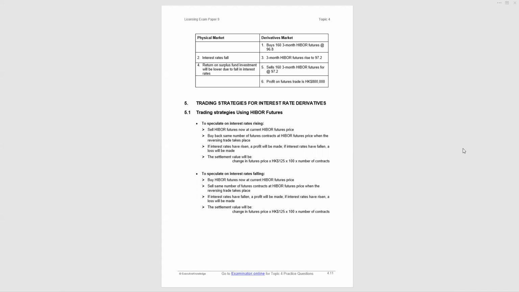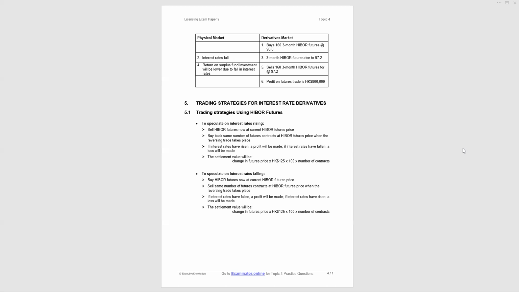Now, when the reversing trade takes place, what has happened to interest rates? Well, if the interest rates have fallen, a profit will be made because the futures price will have gone up. And if interest rates have risen, a loss will be made. And once again, the settlement value is the change in the futures price multiplied by 125 Hong Kong dollars multiplied by 100 multiplied by the number of contracts.